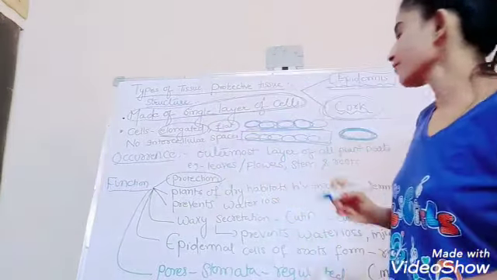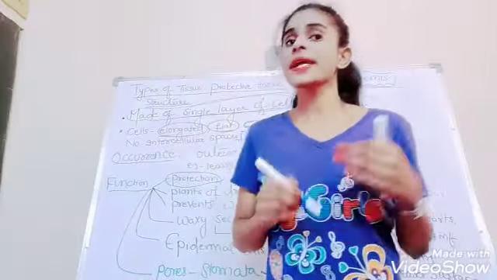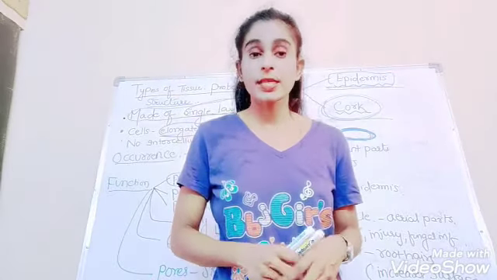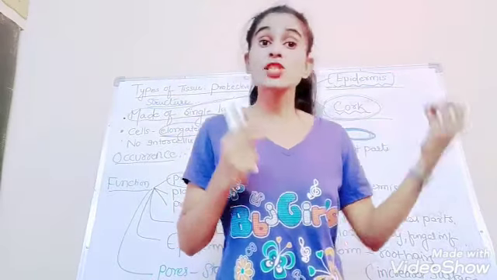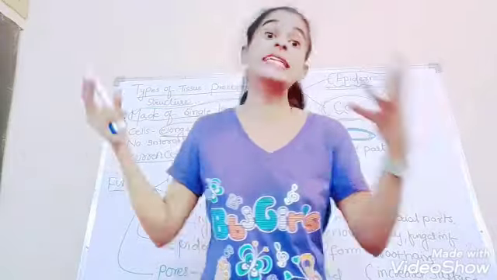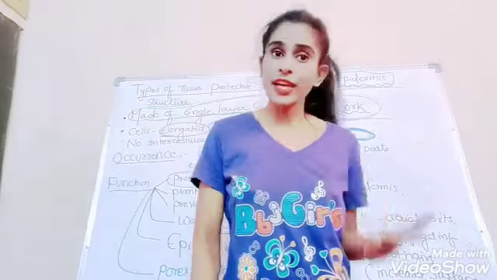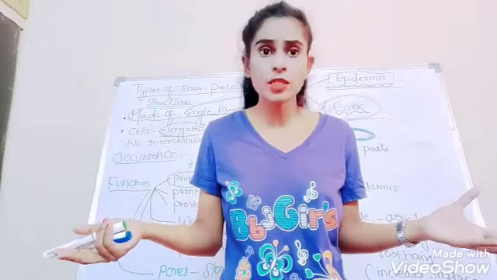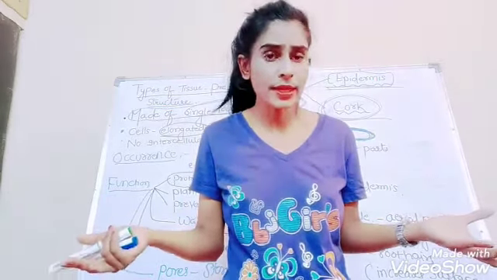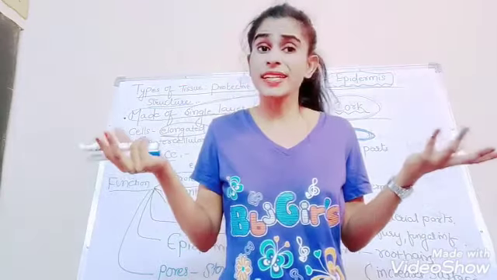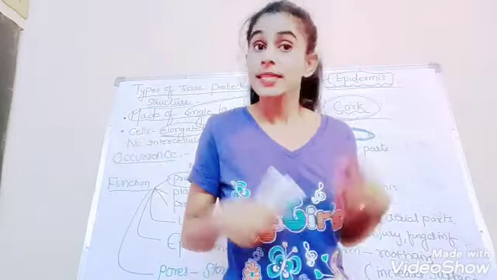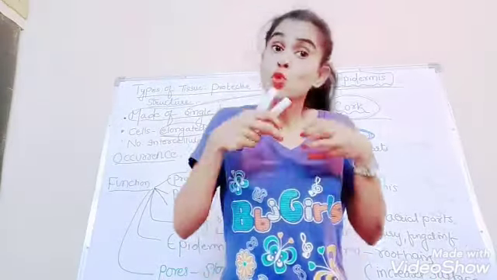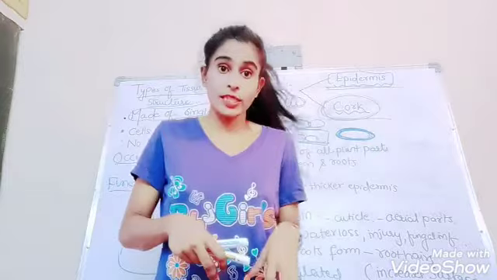Now the second function. What is the main second function? You have seen dry habitats, many plants growing in dry habitats, especially desert areas. We know that in deserts and dry habitats there is always a scarcity of water, and plants have to store water inside their body.